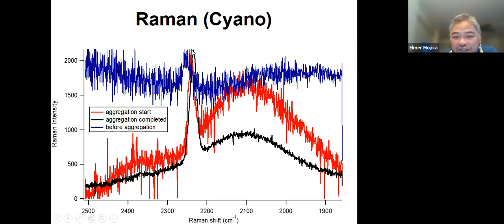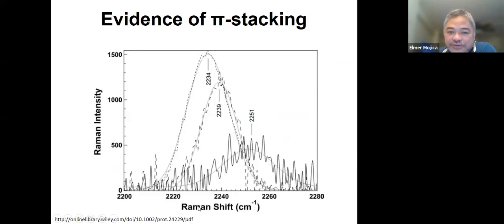But if you look here, sorry for the inconsistency of the shift, there's really a downshift there, similar to what happened in the functional group and the ring mode of the nitro peptide. And once there's complete aggregation, it becomes more of a downshift. I mean, the wave number that you have there is much lower. And we follow this one.